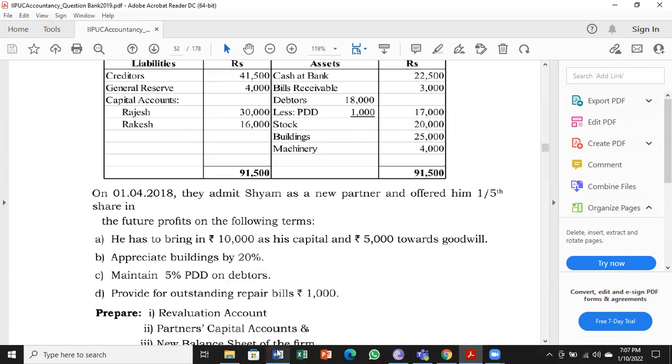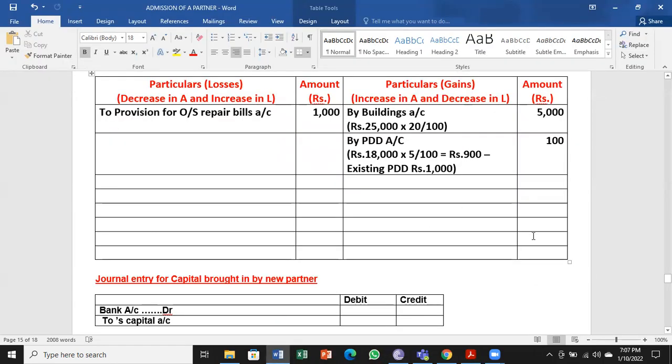So we go for balancing. When you look at it, very easily we can know the credit is more, 5,100. Take this 5,100 on the debit side. Then balance to old partners' capital accounts. Who are the old partners? Rajesh and Rakesh.